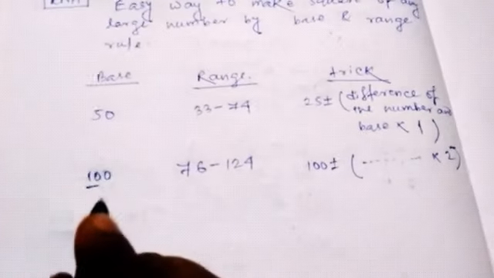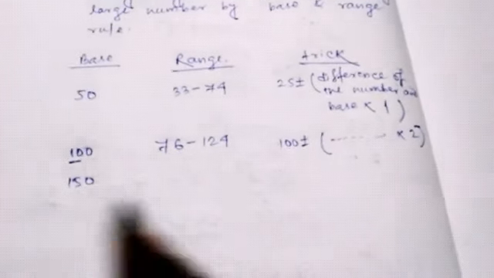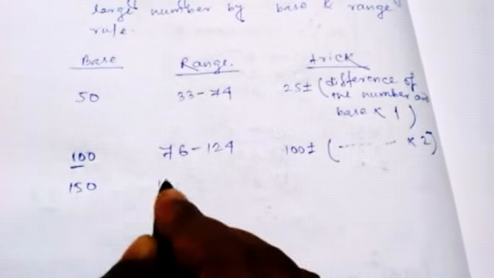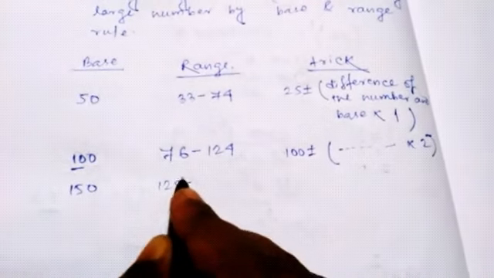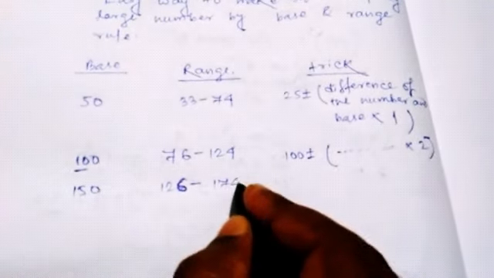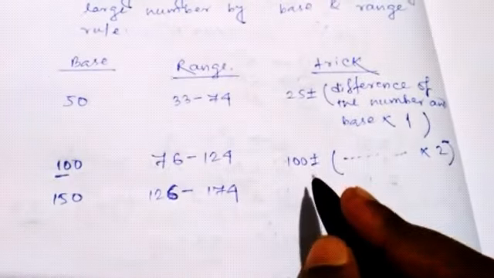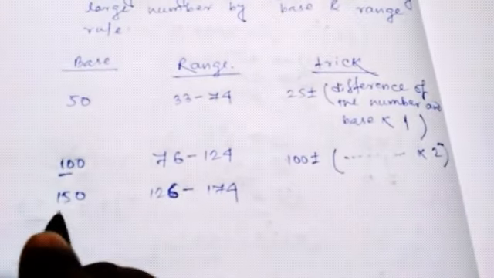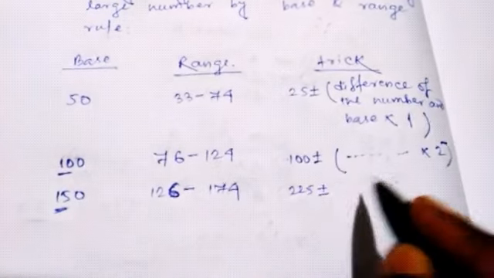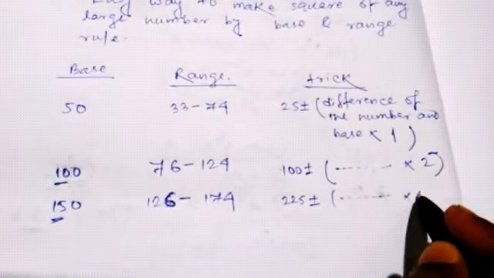And the third one will be the same way. This base will be 150 and the range will be 126 to 174. And here it will be 15 square, which is 225, plus minus the same difference of the number and the base into 3.